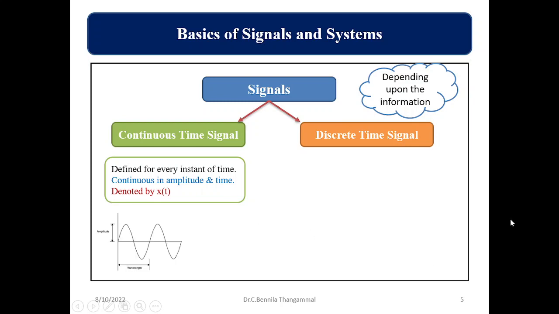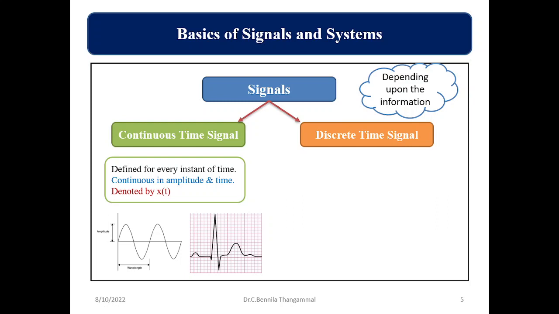A sinusoidal signal is an example of a continuous time signal. Always your x-axis will have time and y-axis will have amplitude. So amplitude and time are continuous. Another example of a CT signal is an ECG signal.